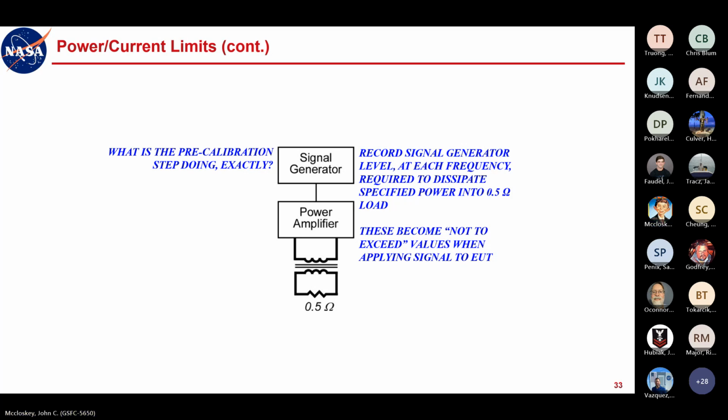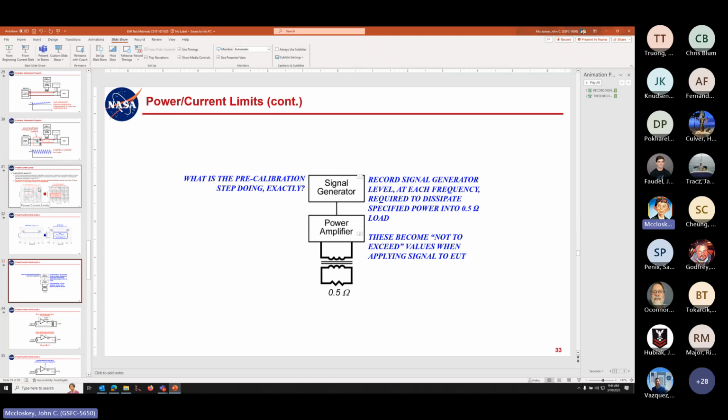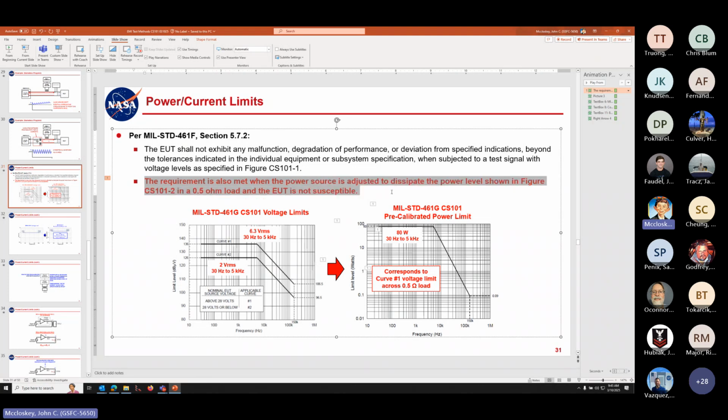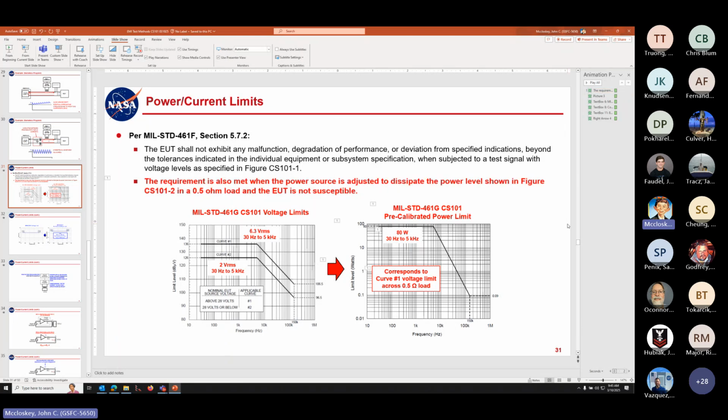And going back to how the requirement is worded, this highlighted wording here, the requirement is also met when the power source is adjusted to dissipate the power level shown in the figure. So what that means is that if you hit that pre-calibrated level first without being able to establish the voltage limit, you're still meeting the requirement.